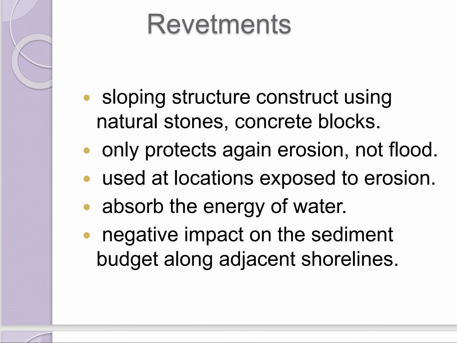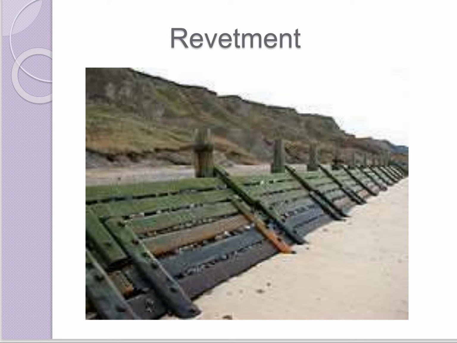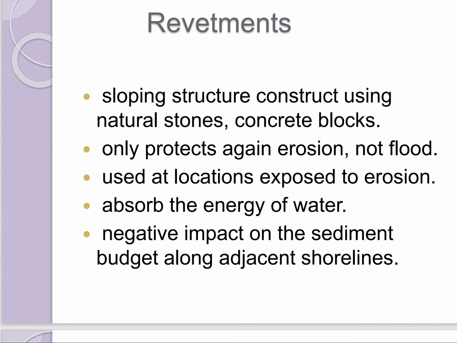Next one is revetments, sloping structures constructed using natural stones or concrete blocks, which only protect against erosion and not flood. So revetments are sloping structures that can actually reduce the impact of tides, but these structures cannot prevent flood.